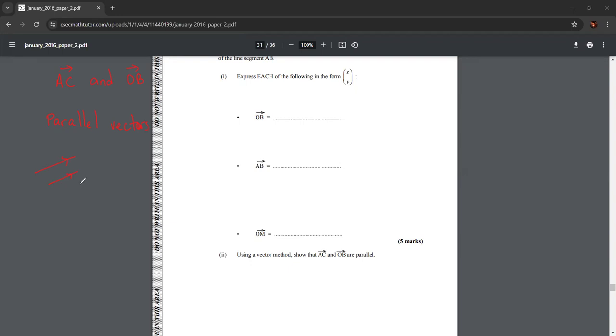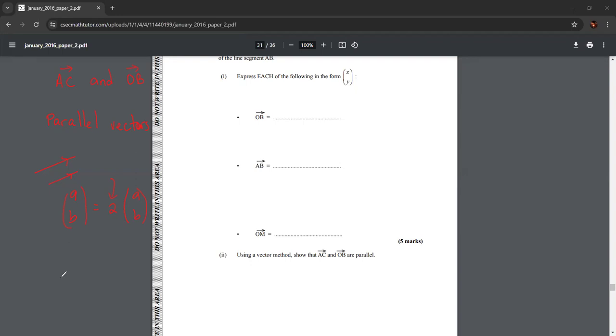Now, for vectors to be parallel, it means that one of them is some number or some letter times the other. Anytime you have a number or a fraction times a vector, they are parallel. I'll give you an example.